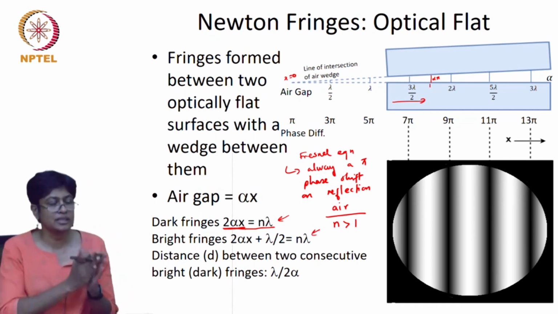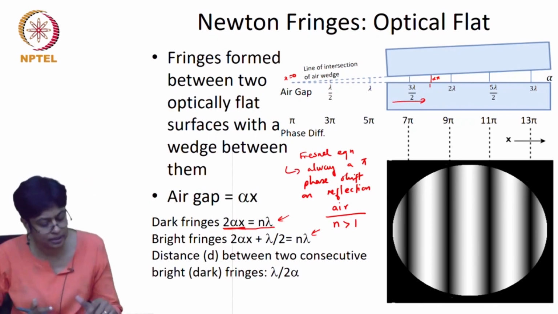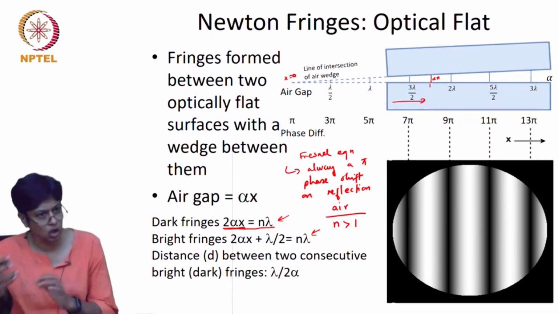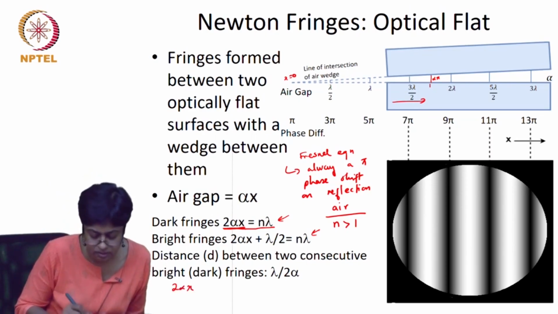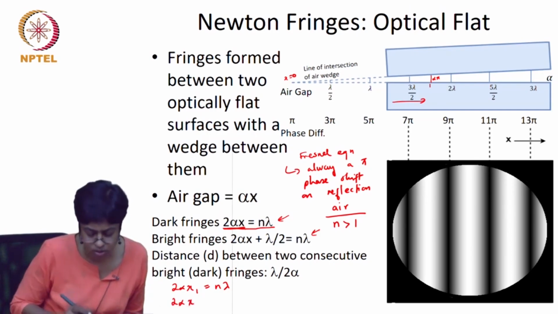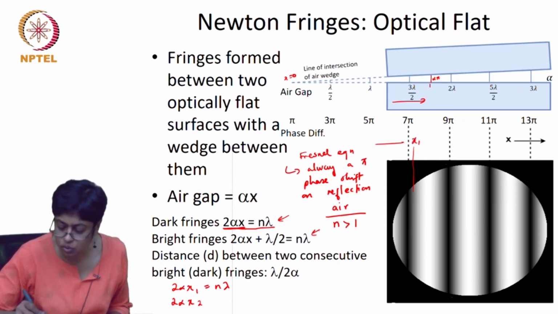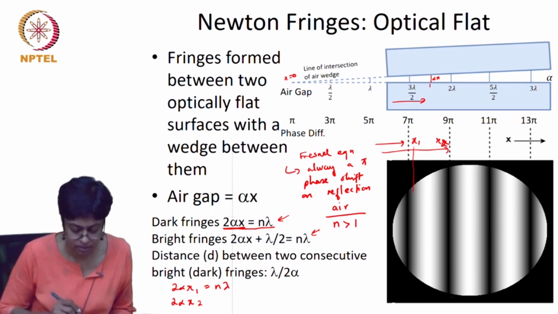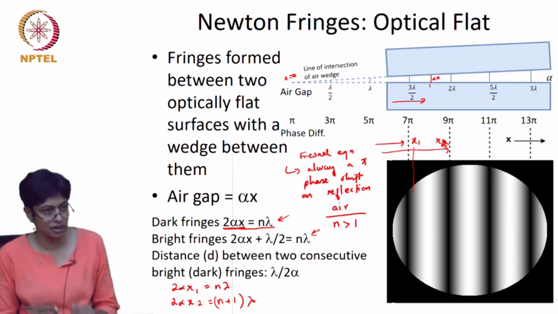But it doesn't matter. You take the distance from one dark fringe to the next or from one bright fringe to the next. If you just take 2 alpha x1 is equal to n lambda, and 2 alpha x2, so let's say this is the location, this is x1 and this is x2, this will be n plus 1 lambda, the next dark fringe.